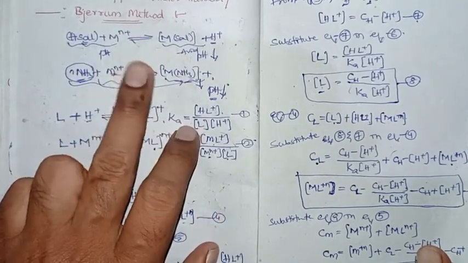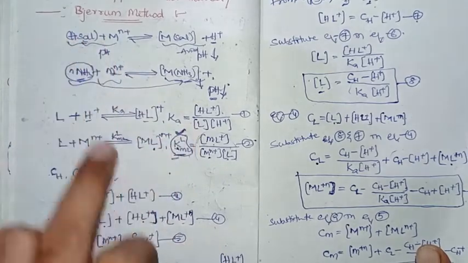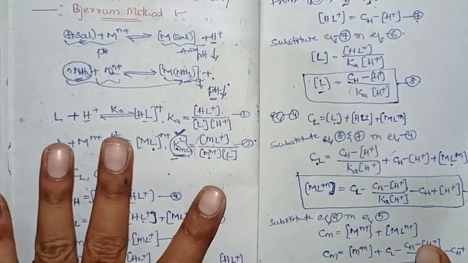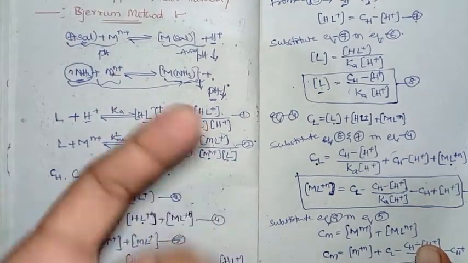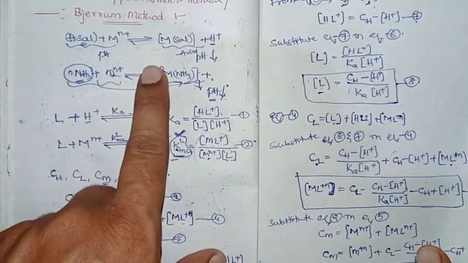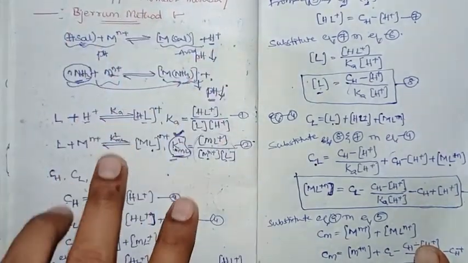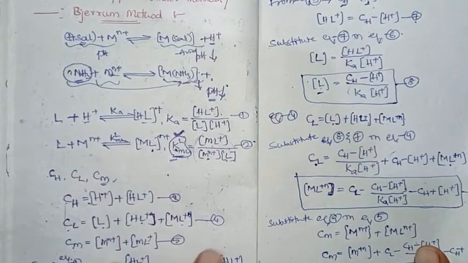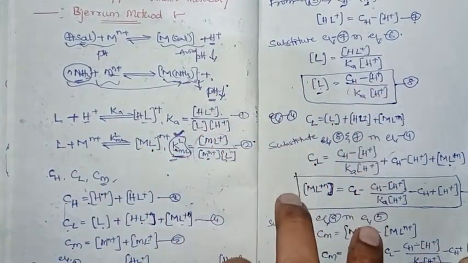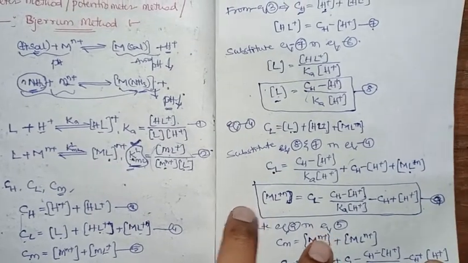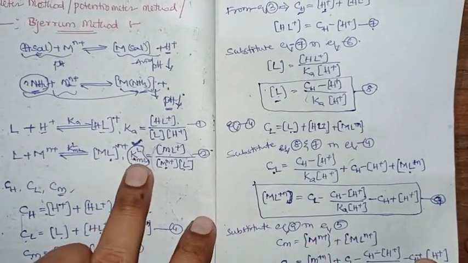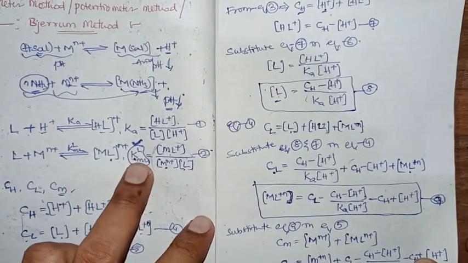Once we know that, the method will become clear. Why we have to consider the pH metric method, you will come to know. After that we have certain equations, and simplification of all these equations gets you the stability constant equation.